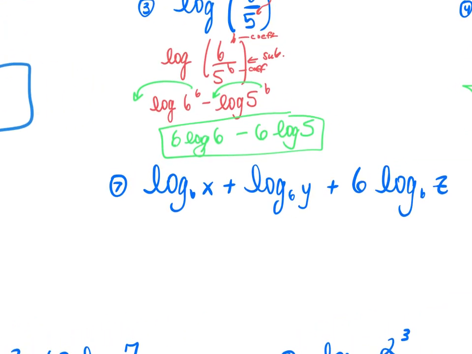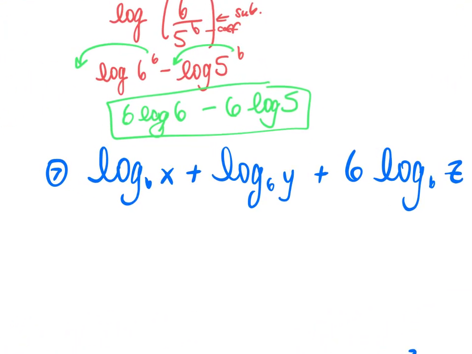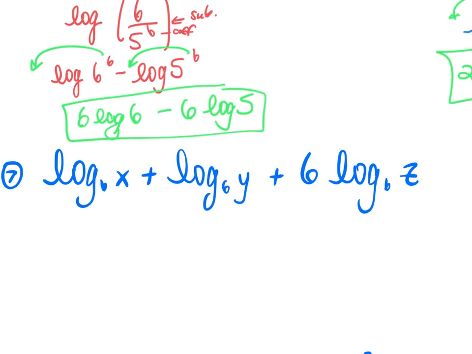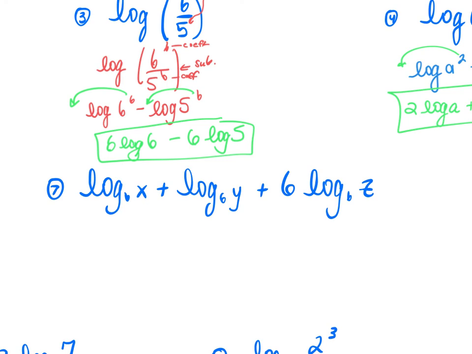What am I doing here? Adding. Okay, I'm adding, but this is already pulled apart, so I need to do what with it? Condense. I need to condense. I've got to go backwards. So the first thing I'm going to do is remind myself that anything that's out in front is going to become an exponent. And then I'm going to look and say, okay, I have log 6, log 6, log 6. All right, perfect. All of them have the same log.